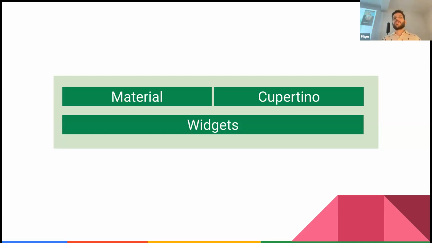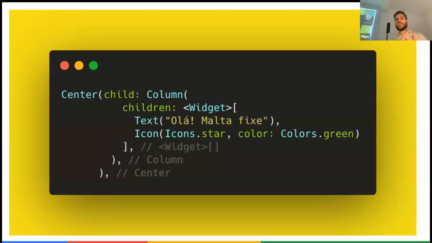Just to reiterate on that. The code itself, being declarative, is quite easy to understand, and you read it in one go. You don't go back and forth. Let's go through it together. You'll have something centered. That centered widget has one child that is a column.